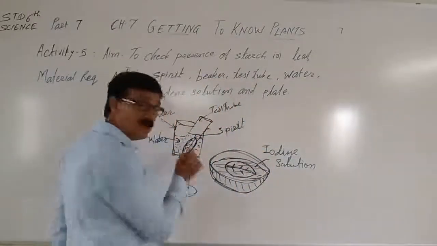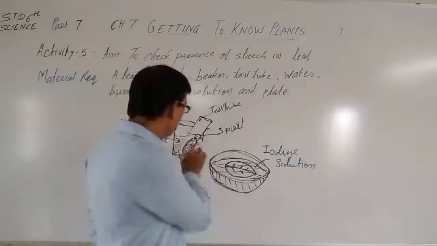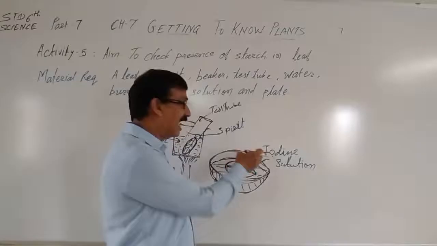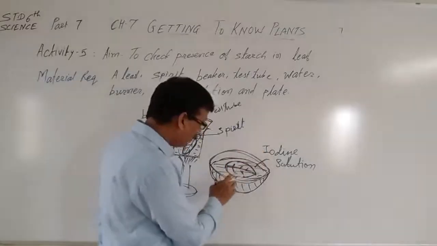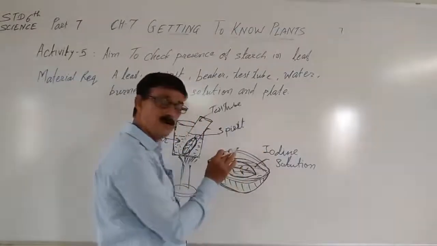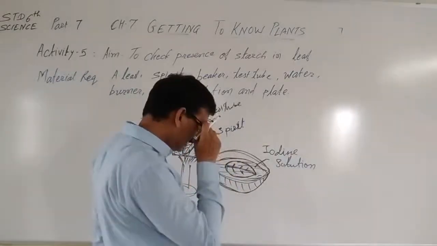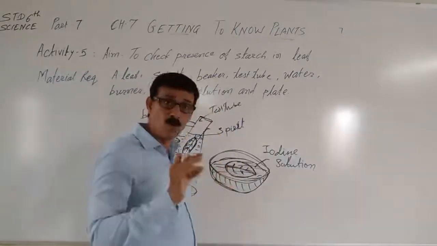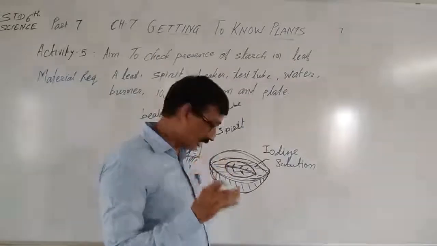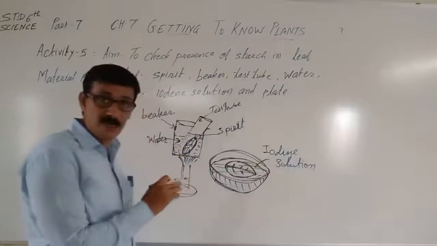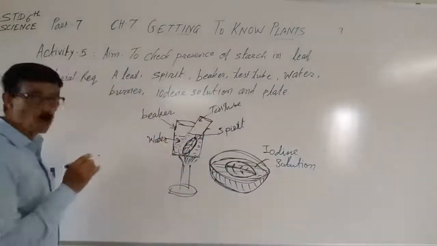Actually, when that green color comes out and we put the iodine solution on the leaf, the color of the leaf turns to purple or blue-black, isn't it? So what should be our observation?